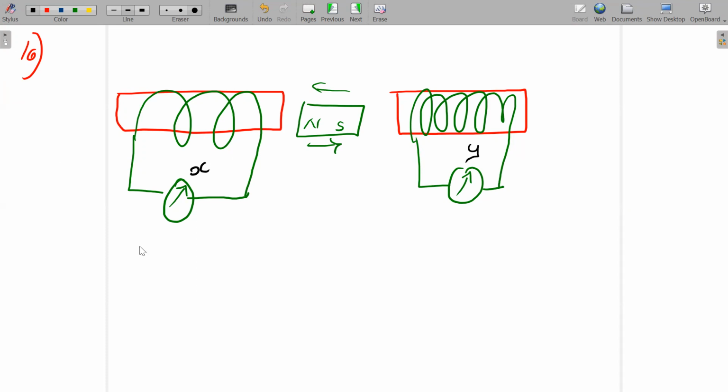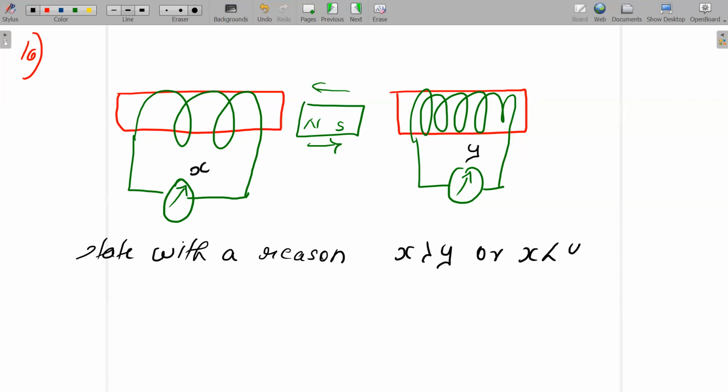First question. State with a reason: X is greater than Y or X is less than Y. X is Y. Yes, very good. What is the reason?